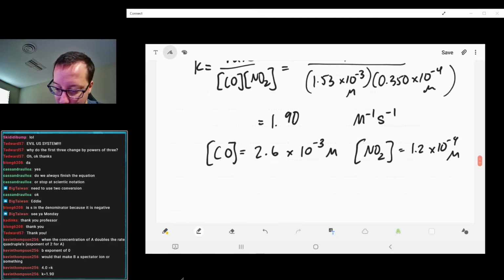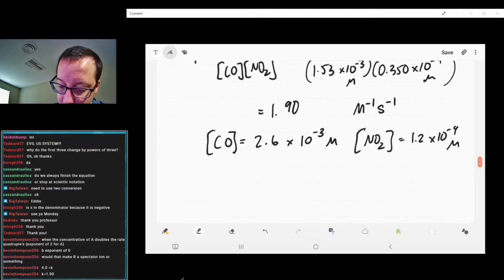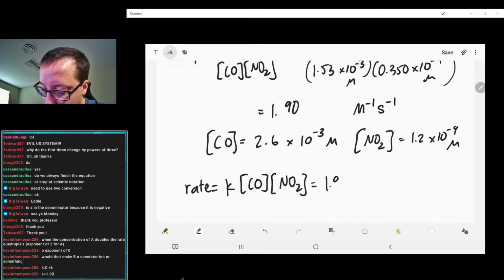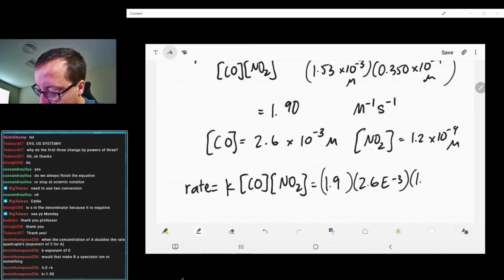So, we know that rate is equal to K times CO times NO2, which will be 1.9 times 2.6 times 1.2. Doing this. Let's see if I can type this in correctly this time.